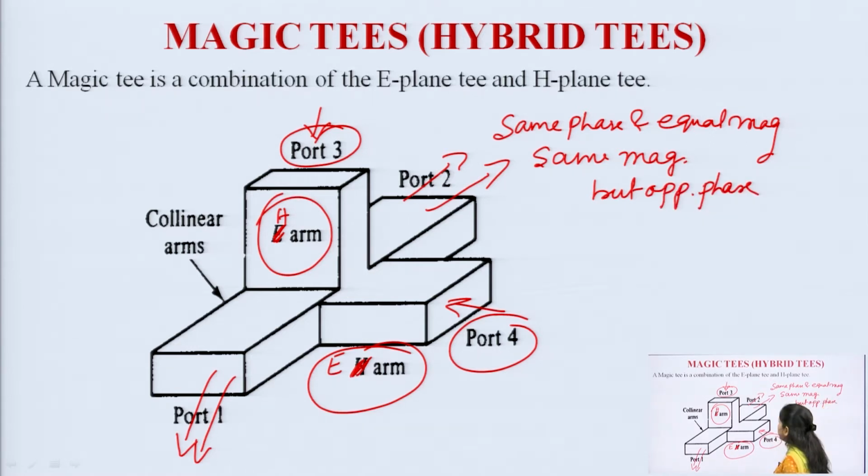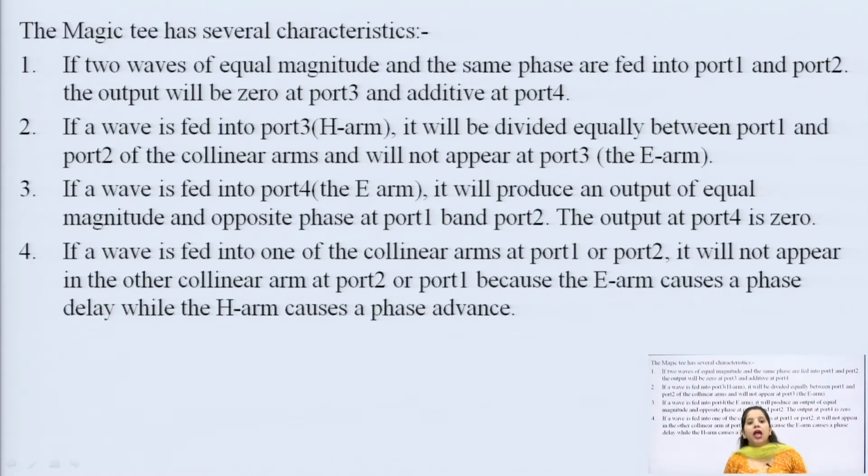And the reverse: whenever power is given to port 1 and port 2 with equal magnitude and same phase, it will come out of the H plane, and whenever power of the same magnitude and opposite phase is given to port 1 and port 2, it will come out of port 4. These are the 4 basic properties and characteristics of our Magic T, and the same things are written here.